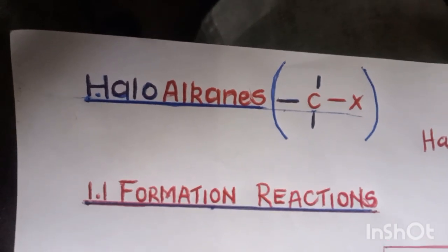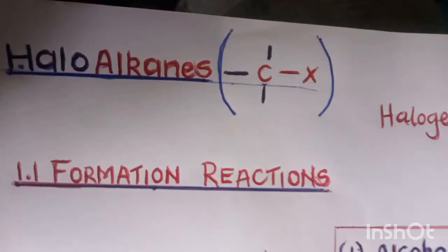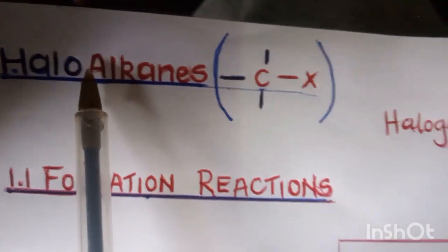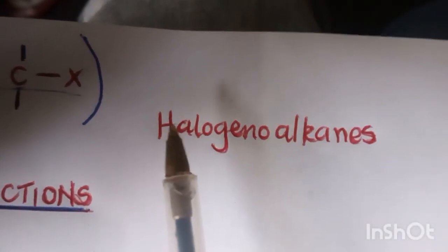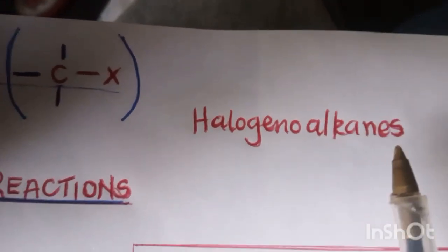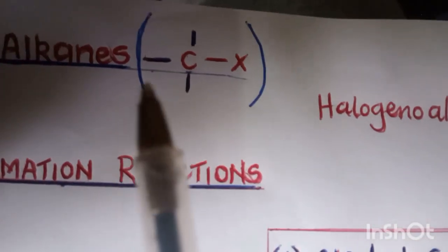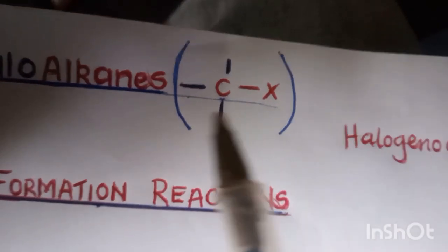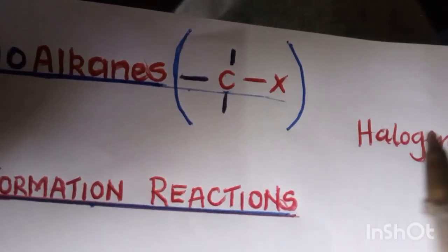This topic covers a group of organic compounds known as haloalkanes, and these are also known as halogenoalkanes. So these two words mean one and the same thing. They are both names of this group of organic compounds.